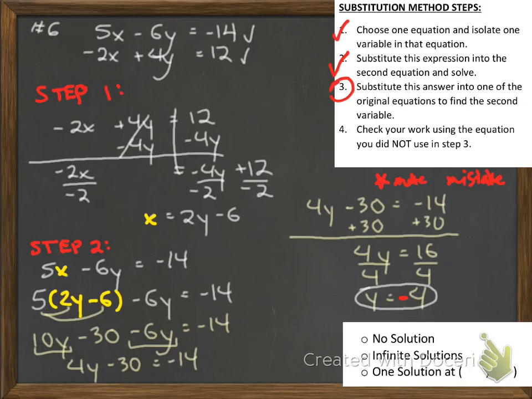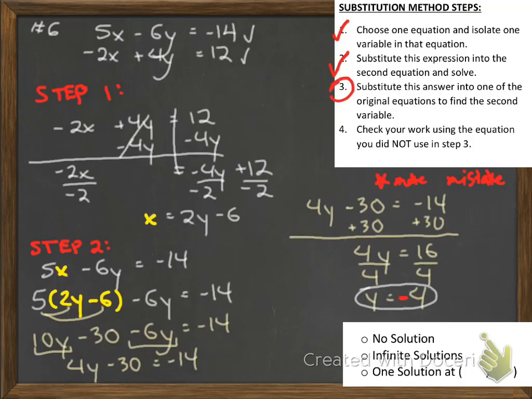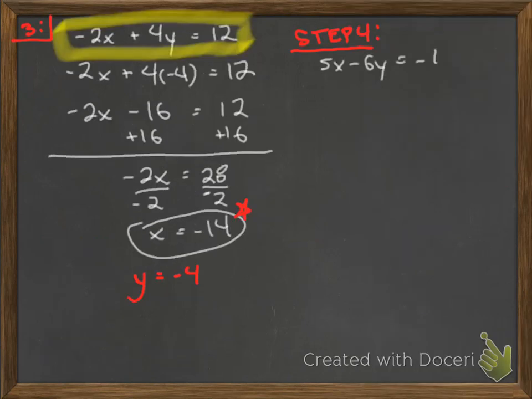So now we have to use the equation 5x minus 6y equals negative 14. Let's see what happens when we put the wrong answers in here. We have x is equal to negative 14 and y is equal to negative 4.